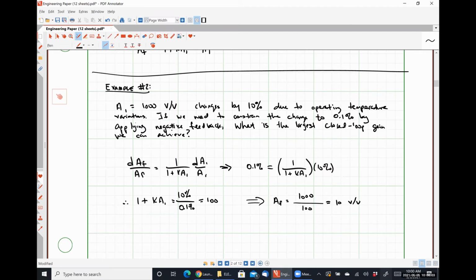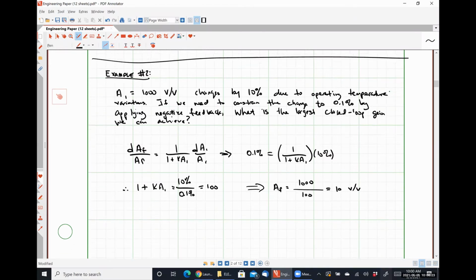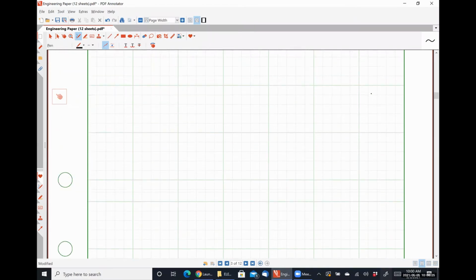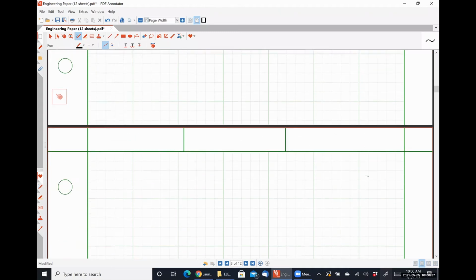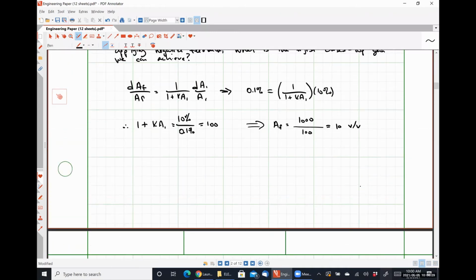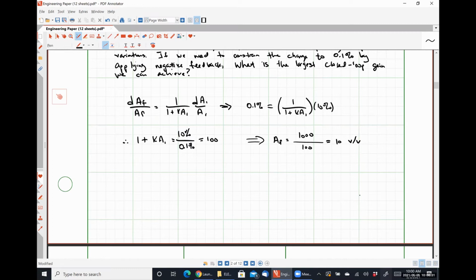All right, I have one more example problem on this topic that is a bit more involved, and it's specifically dealing with a very large change in the open loop gain, so that we cannot apply our differential relationship anymore because it's not valid if it's a large change. It's only for small variations, right? I would say anything up to 20% to 25%.